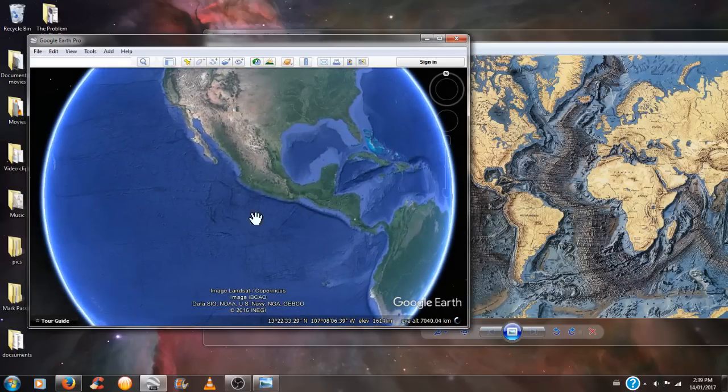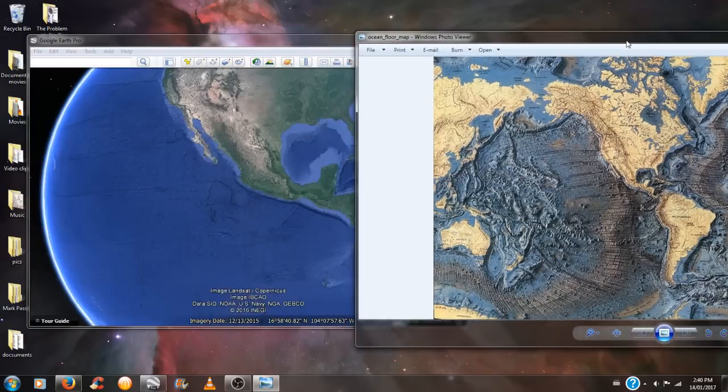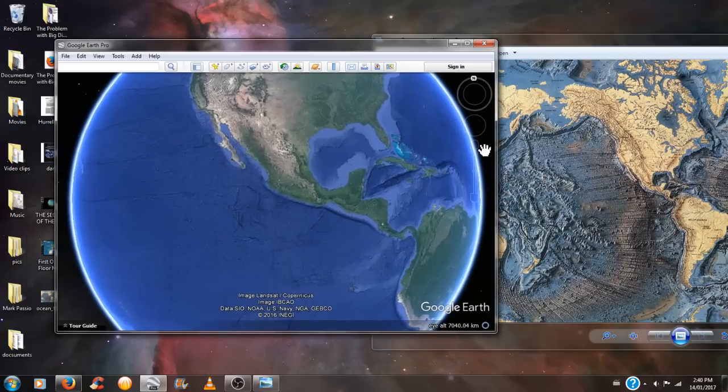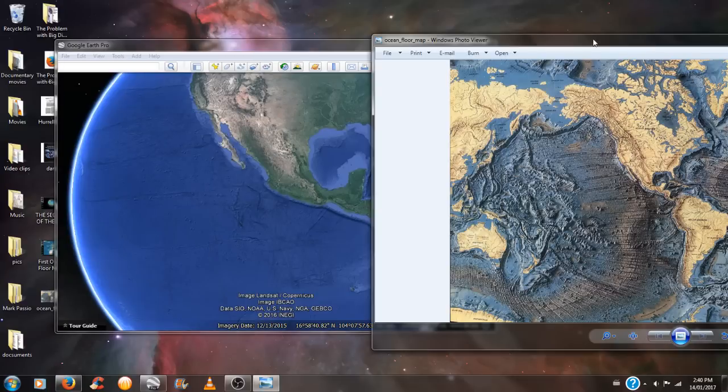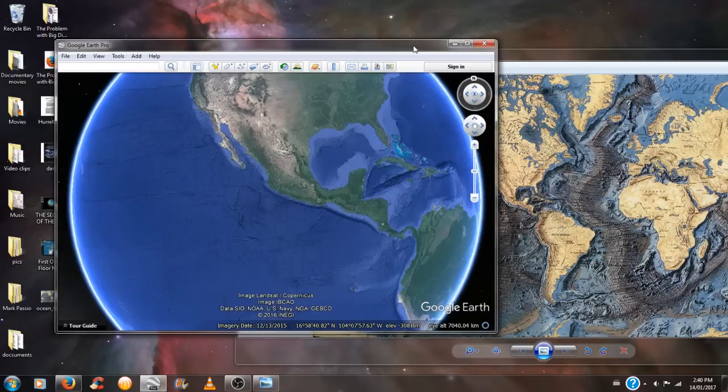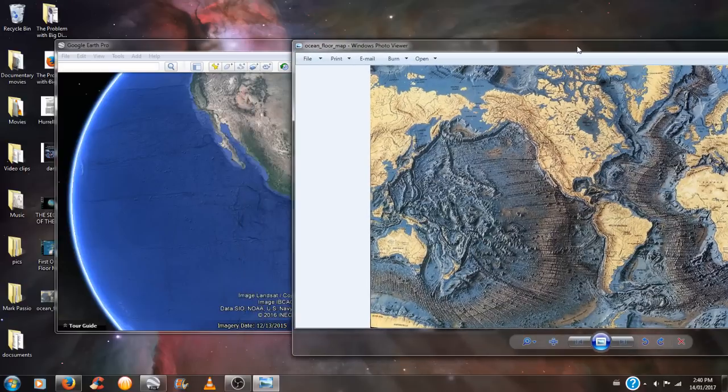Since we just saw how accurate it is and how clearly visible this Atlantic ridge line is on Google Earth, then the Pacific one should also be clearly visible. It's the Pacific one right here. See the Pacific one? It's just as clear as on the other side. We should be seeing this on Google, clearly.